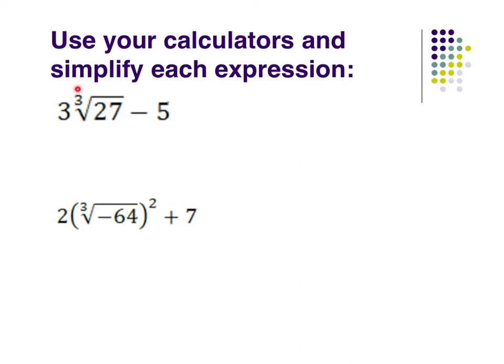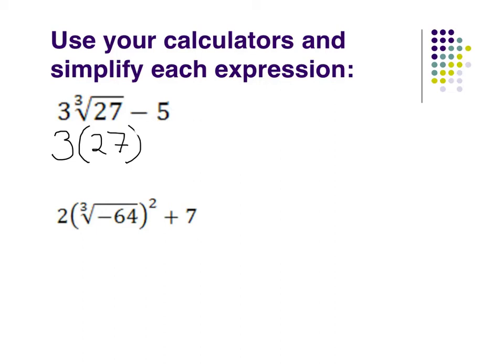First off, this 3 right here is part of the cube root of 27. When I type this in my calculator, since I don't have a calculator on this right now, I would write it like this: 3 parentheses 27 raised to the 1/3. Now some of you will have a nice little box to put that 1/3 in, and that's no problem.